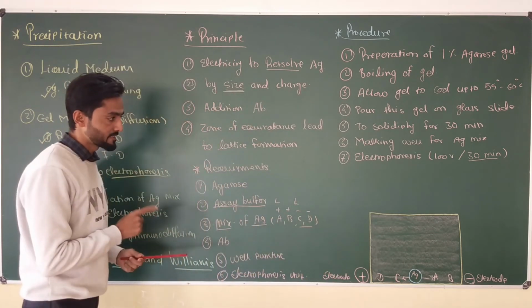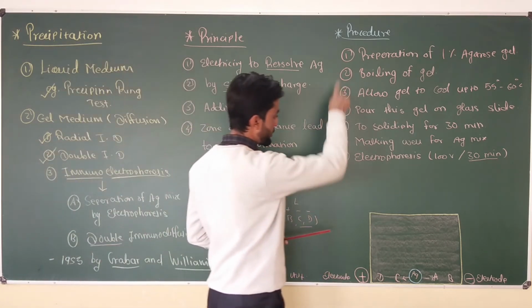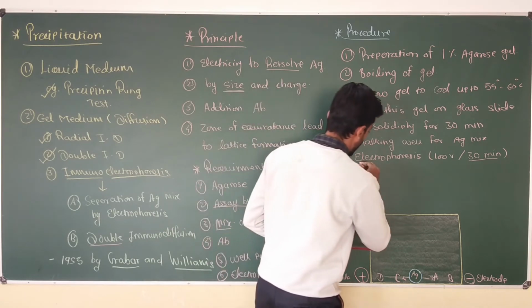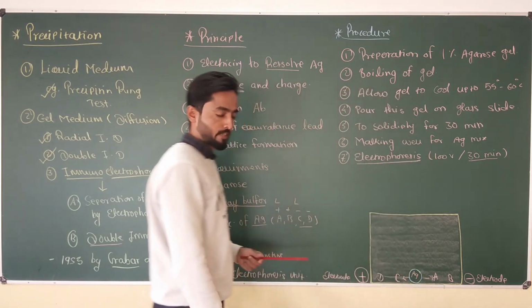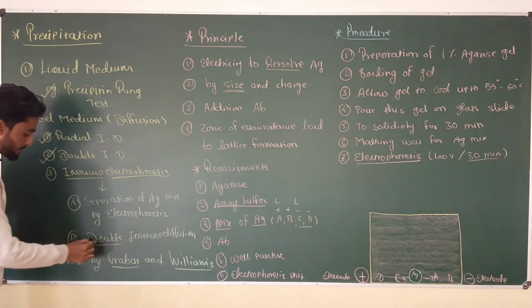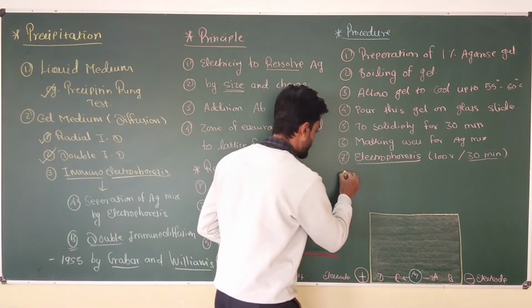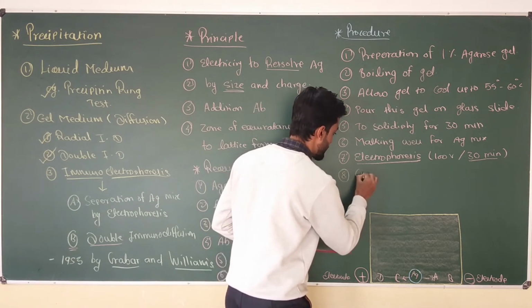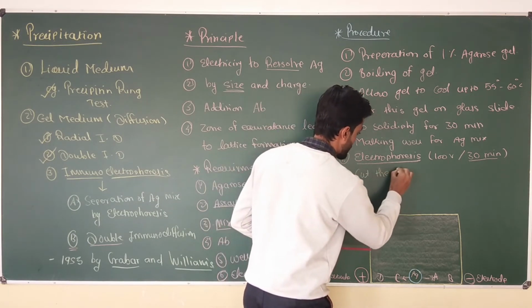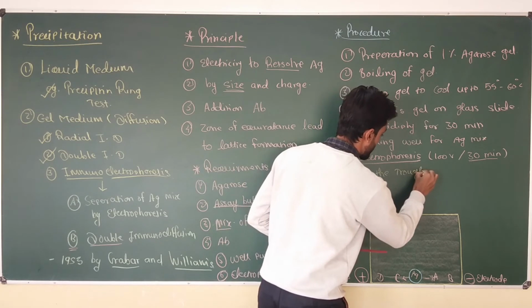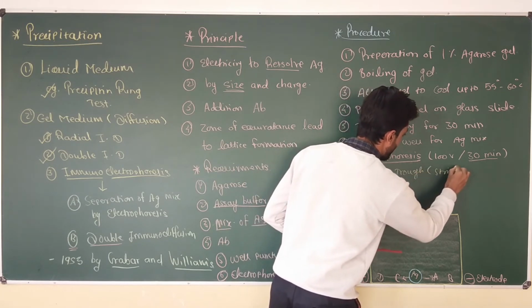Now the next step, these are the first 7 steps which end the electrophoresis process. Now the next stage is double immunodiffusion. In double immunodiffusion, we are going to cut a strip or cut a trough in the gel.